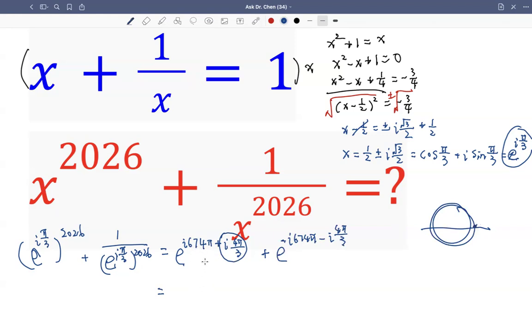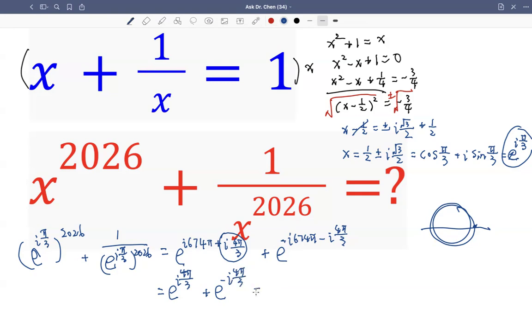So this is 1. So 1 times anything, so we're left with e to the i 4 pi over 3. Then plus e to the negative i 4 pi over 3.